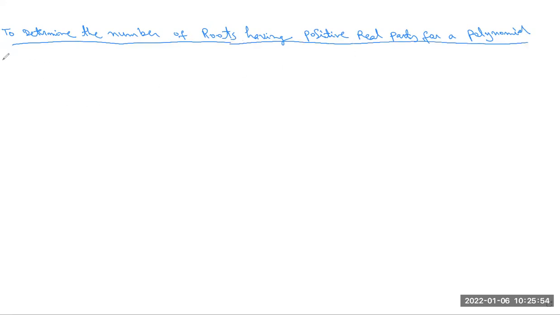First we have to consider the first order characteristic equation for a polynomial equation.